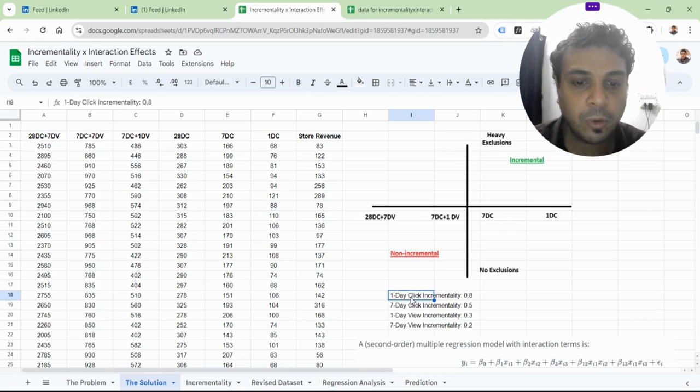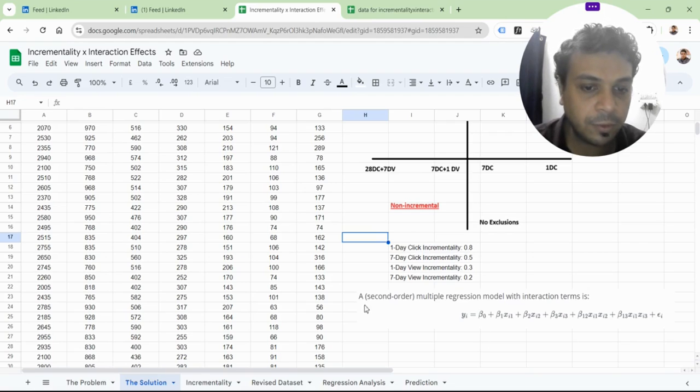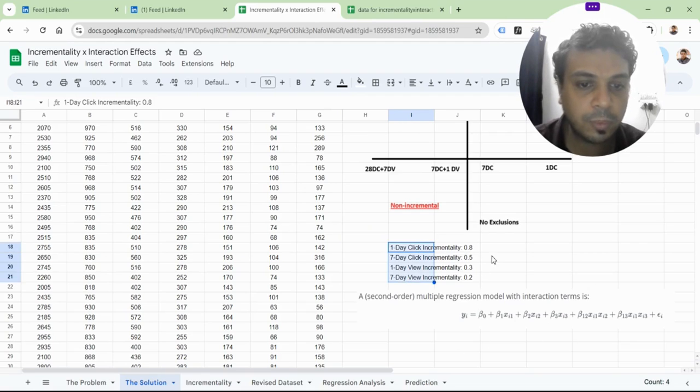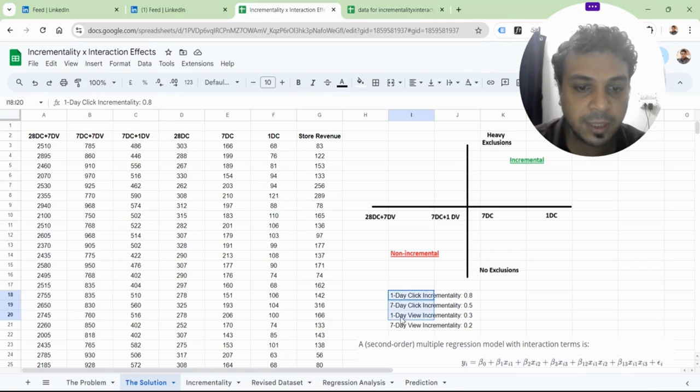So the different incrementality factors that we have taken, these are actually some dummy values I've shown here, and the reason I've just shown dummy values is just for your plain understanding. Of course, we have a more complicated combination of click-based and view-based attribution windows, but this is how essentially for different attribution windows you can assign incrementality factors.